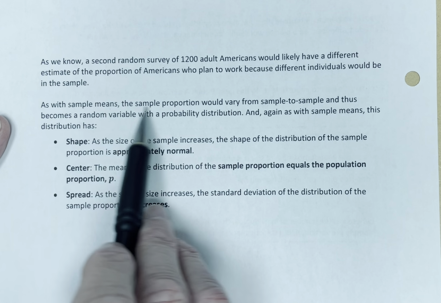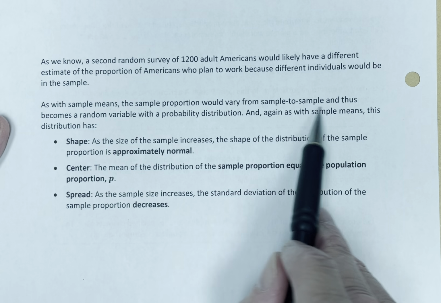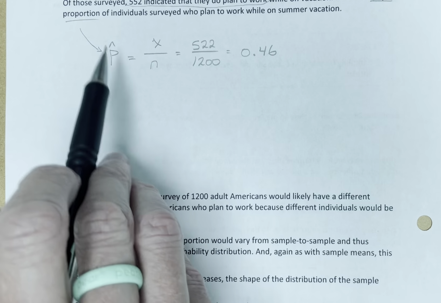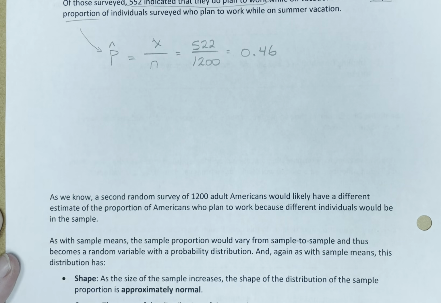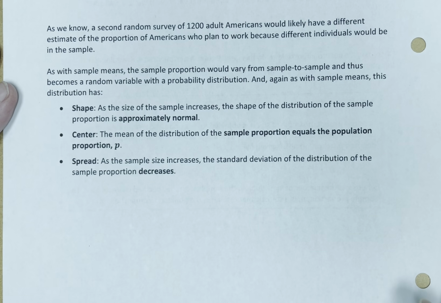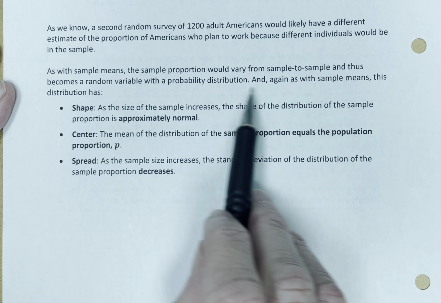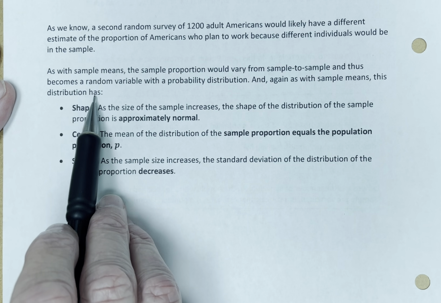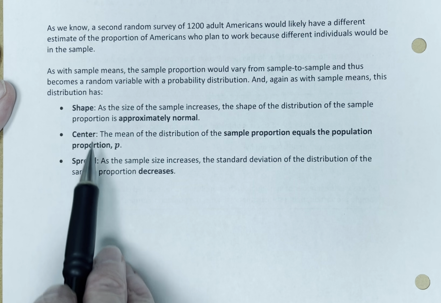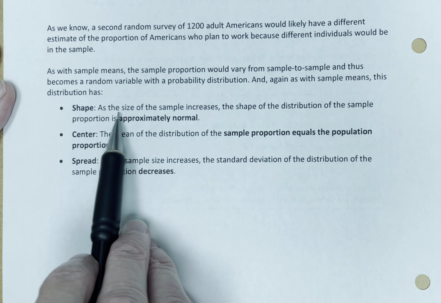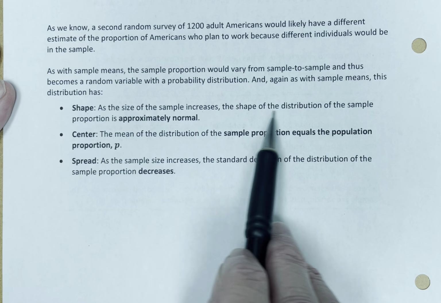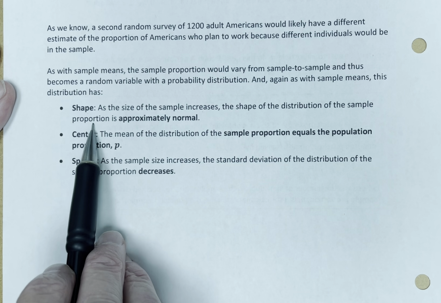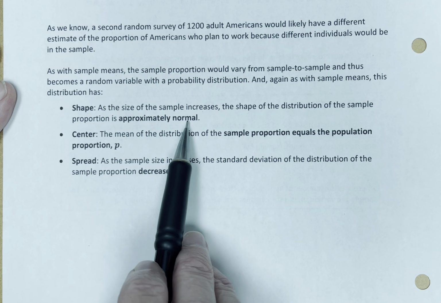As with sample means, it's going to vary from sample to sample, and thus P hat becomes a random variable with its own probability distribution. And again, as with sample means, this distribution has shape, center, and spread. As the size of the sample increases, the shape of the distribution of the sample proportion is approximately normal.